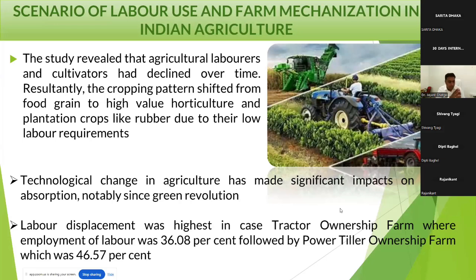Labor displacement was the highest in the case of tractor ownership farms, where employment of labor was 36.08%, followed by power tiller ownership farms, which was 46.57%.